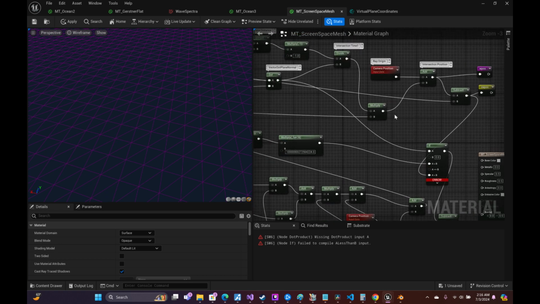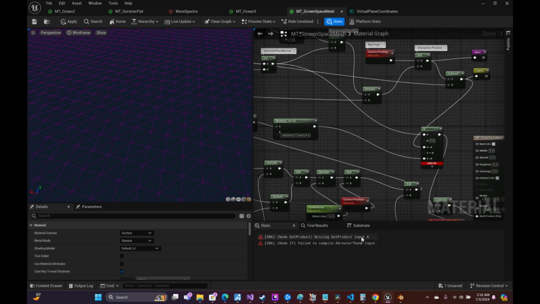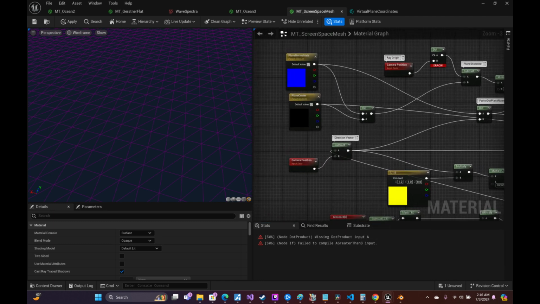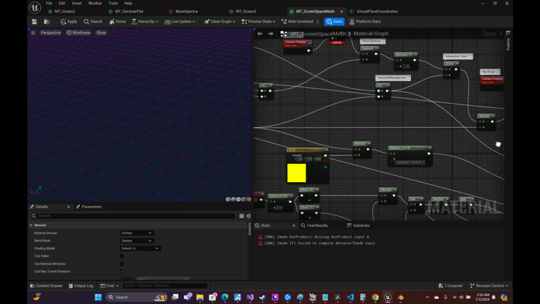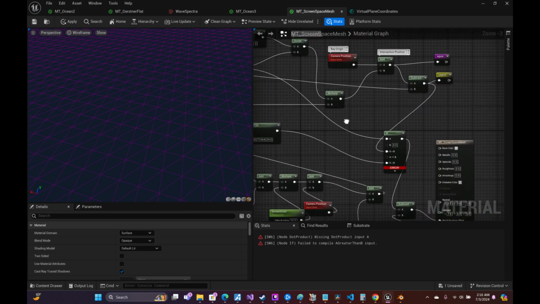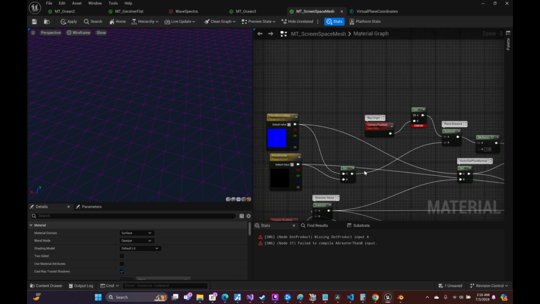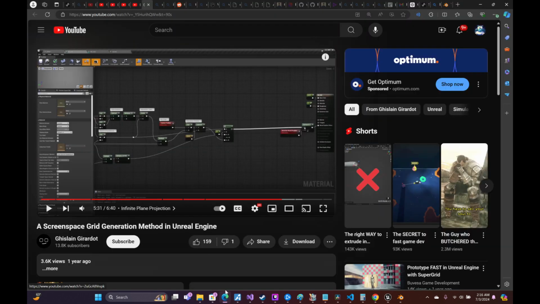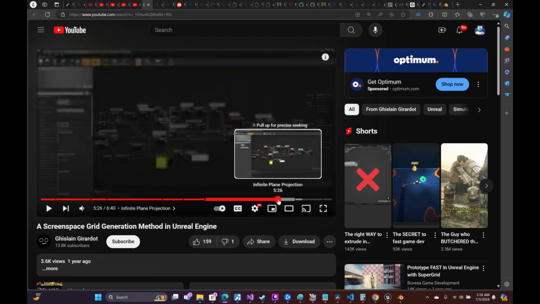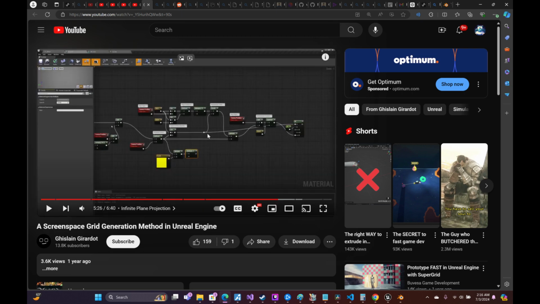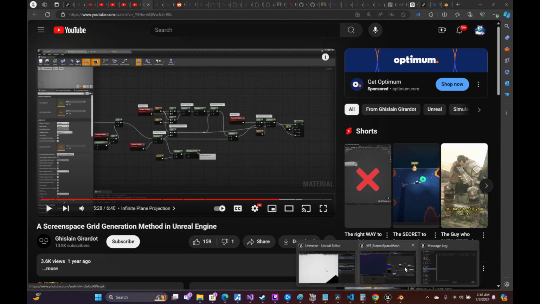Oh, I see. Missing dot product input A. Ah, right here. So what does he have there? The virtual plane dot A gets the blue. Okay.